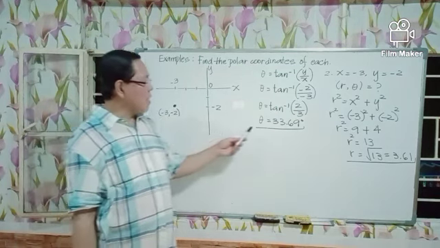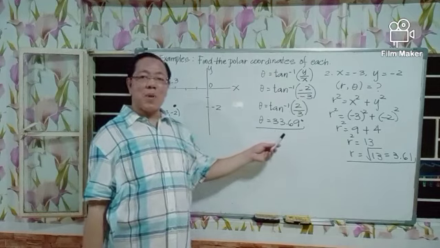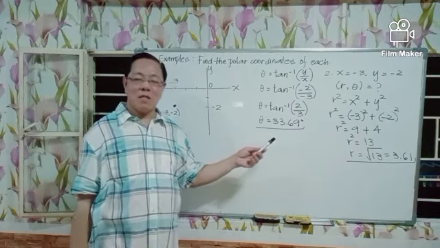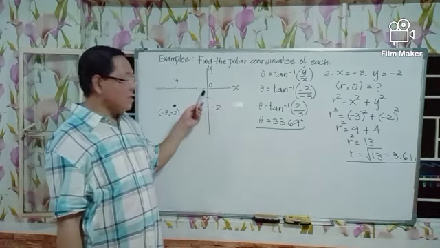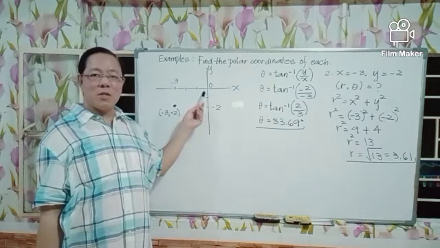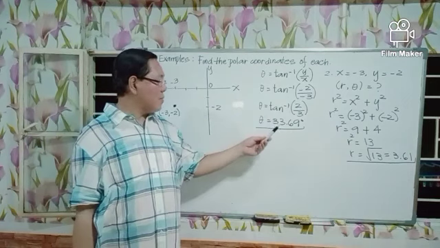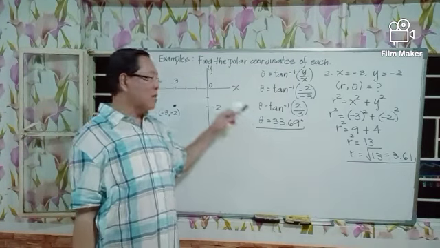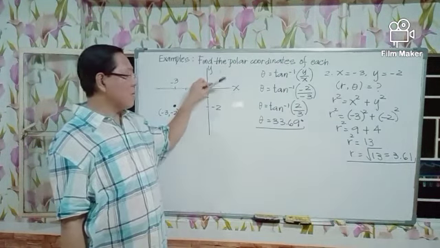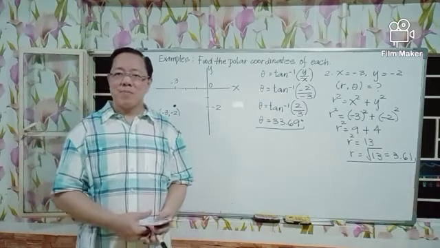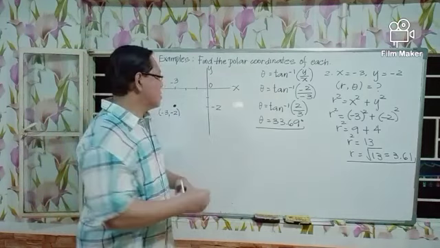Now we plot this angle. Theta is 33.69 taken as an angle in standard position, hence its vertex is at the origin and its initial side is on the positive x-axis, and we measure 33.69 from the positive x-axis in counterclockwise direction.